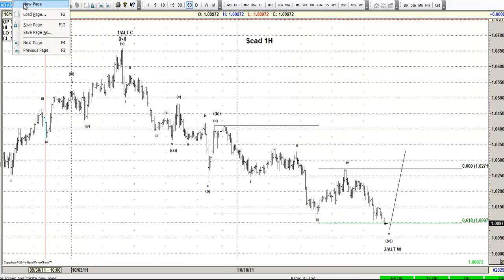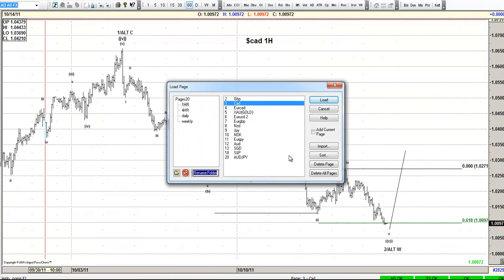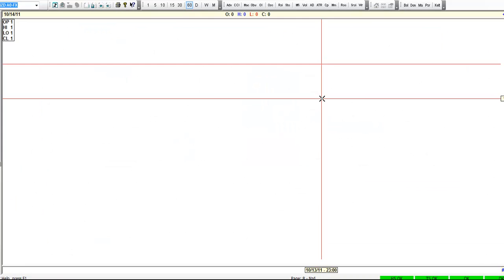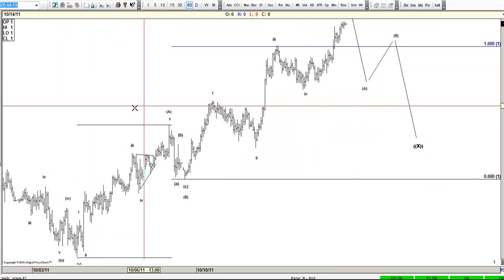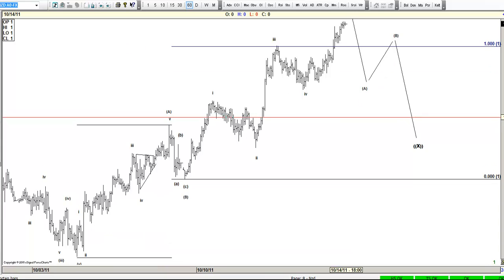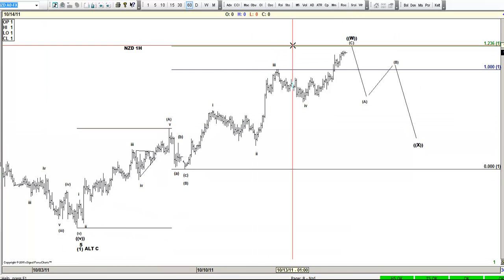So what else around the market? Let me see if I can remember. Aussie and Yen and New Zealand are about the same. We believe that Aussie and New Zealand are looking for an area around this area.